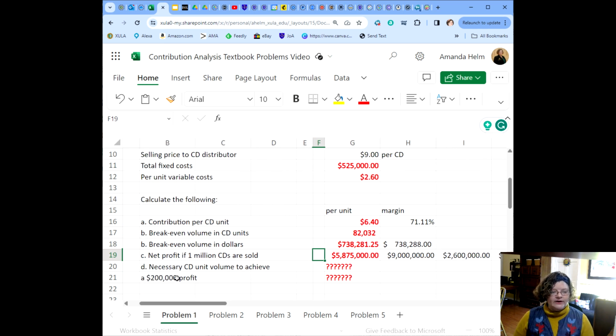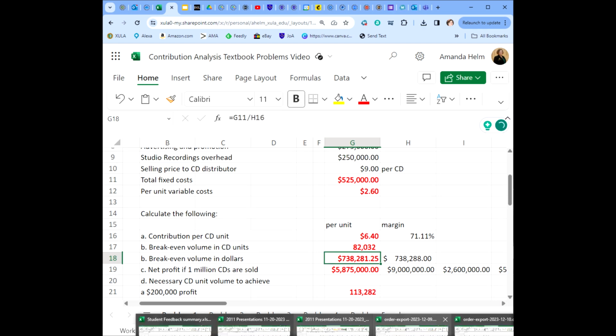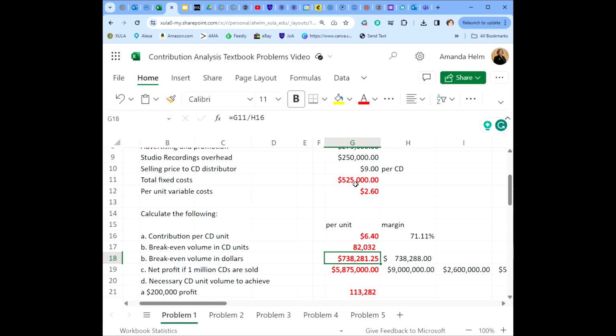Okay, so now I want to know what would be the necessary CD unit volume. I just wanted to point out that we divided 525,000 by 0.71, and that resulted in our number getting bigger. In order to cover our fixed cost of 525,000, we have to generate 738,000 in sales, because we only get to keep 71% of the money.